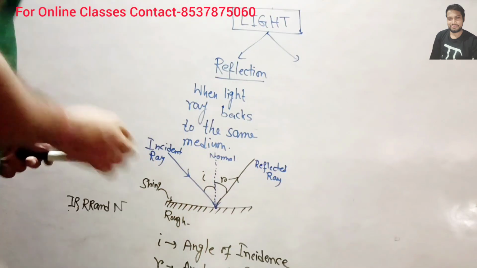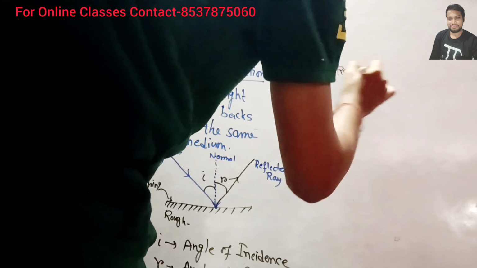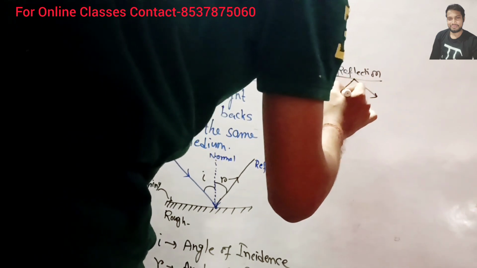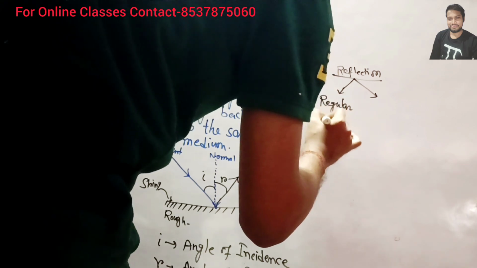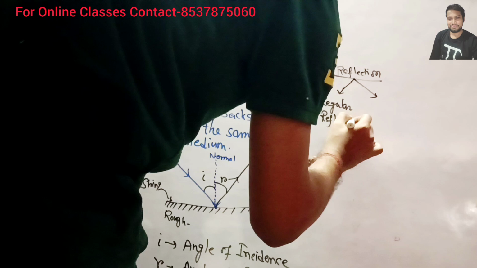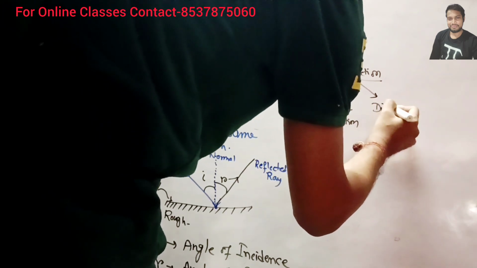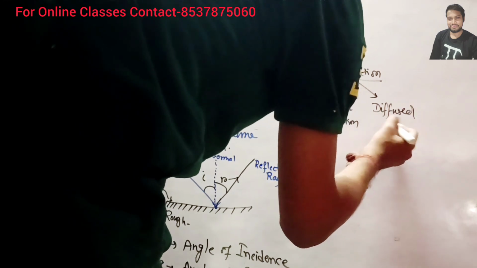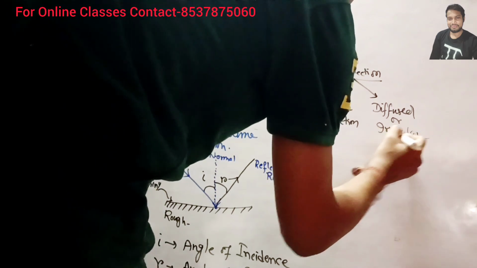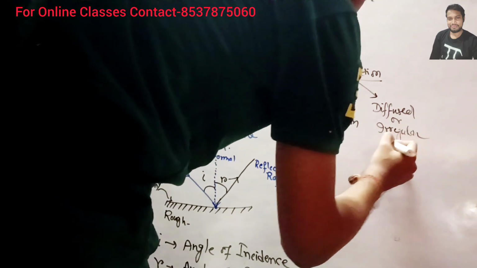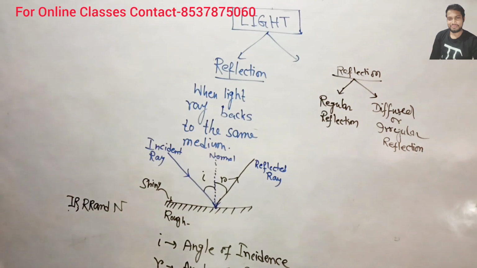Reflection has two types: one is regular reflection, and another one is diffused, or irregular, reflection.